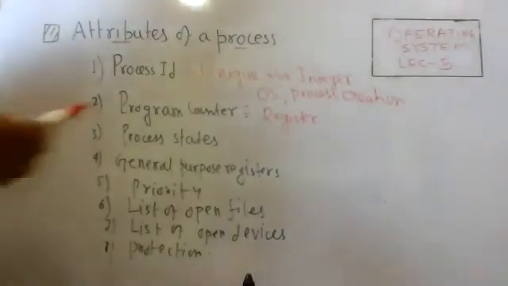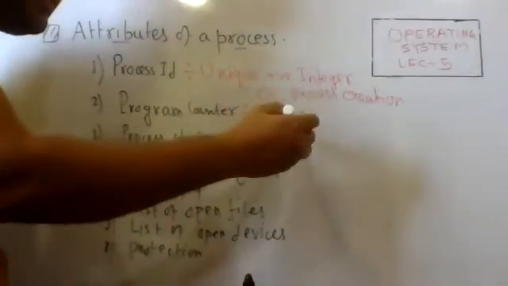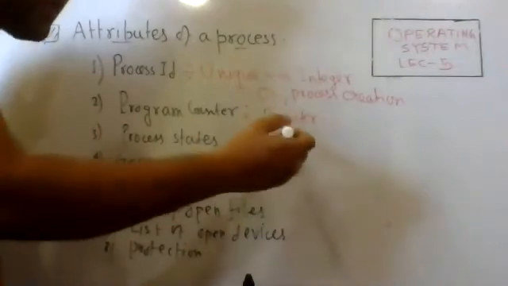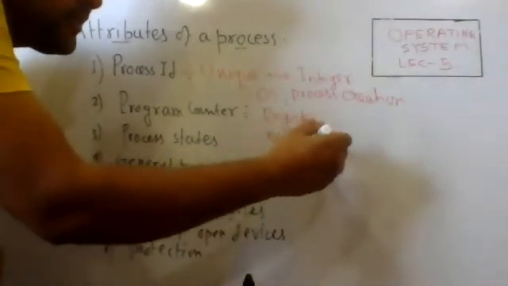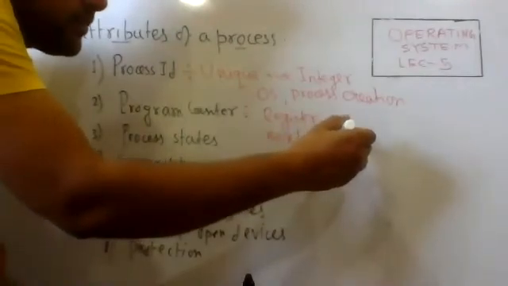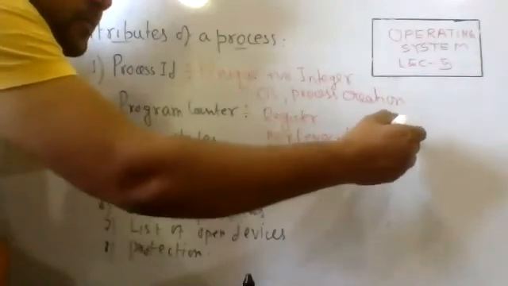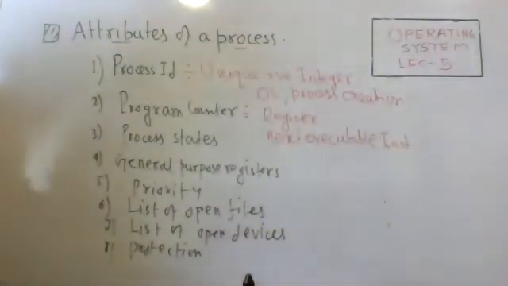So the content of this register is actually the next executable instruction. This is program counter.